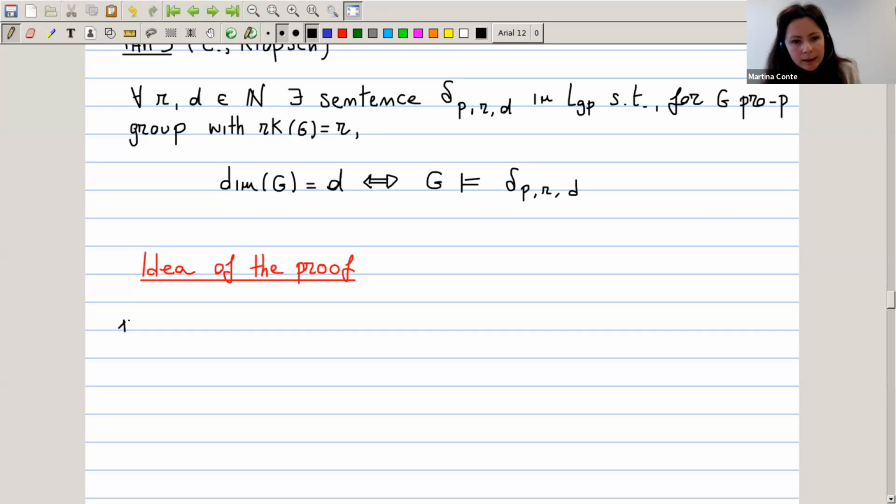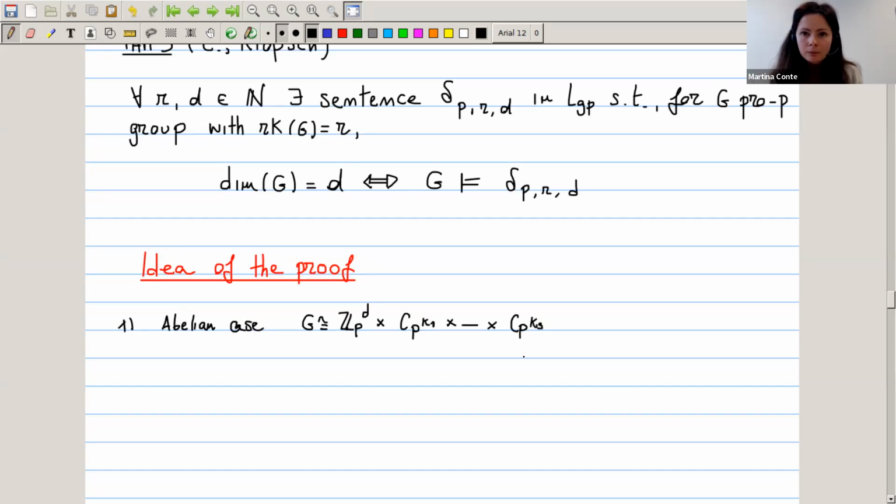We start with the abelian case. So in the abelian case, G will be isomorphic to Z_p to the D times the torsion part, so C_p to the k_1 times up to C_p to the k_s for some s.